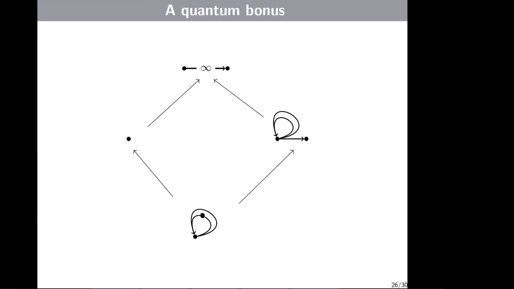But in fact, if you take one of these natural numbers to be 2 and another one to be 1, so in other words, you ask when your ring R is isomorphic as a module with its square, so when R is isomorphic with R squared, it turns out that it's exactly the Leavitt path algebra of this Hawaiian earring.